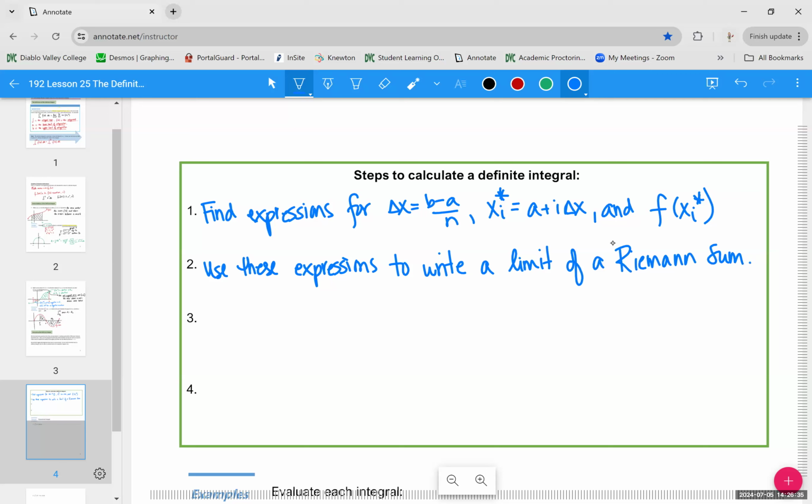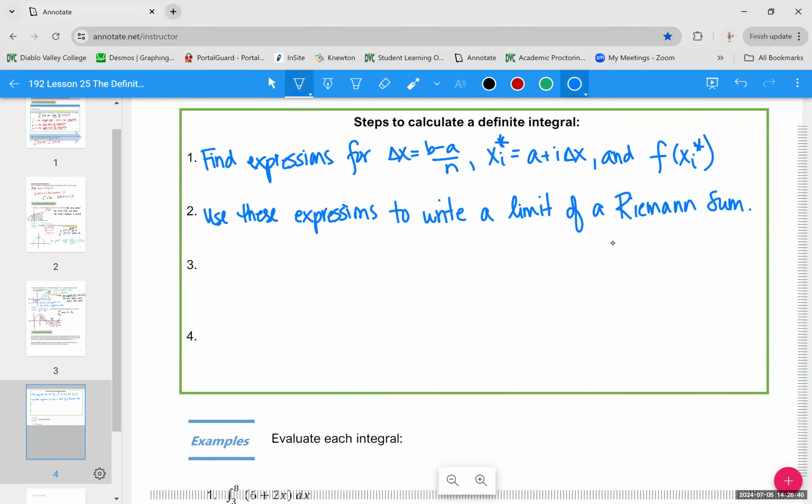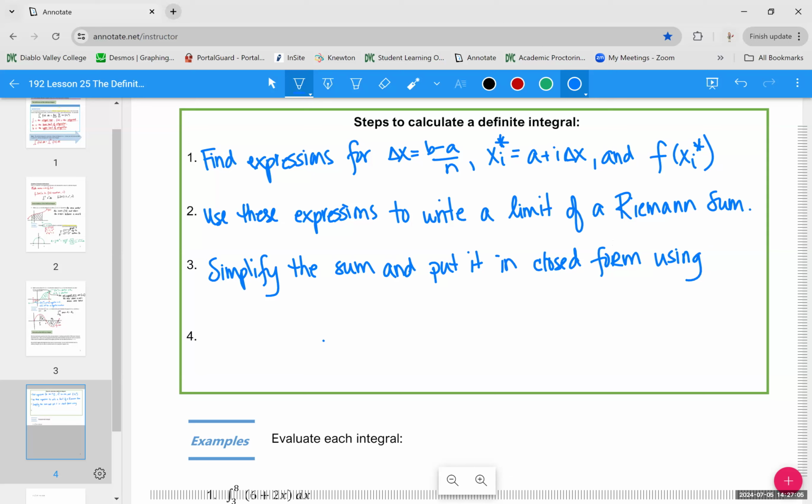But now we need to evaluate that limit, and in order to do that, we need to get rid of the sigma parts. So we're going to start by simplifying, and then we're going to put it in closed form, which, remember, means it does not have the sigma anymore. We'll be doing that using the formulas.